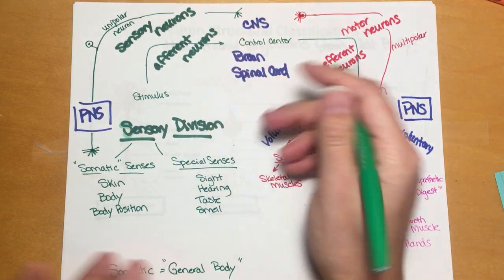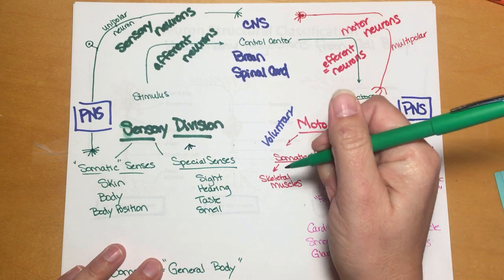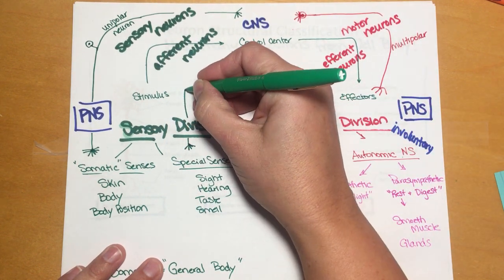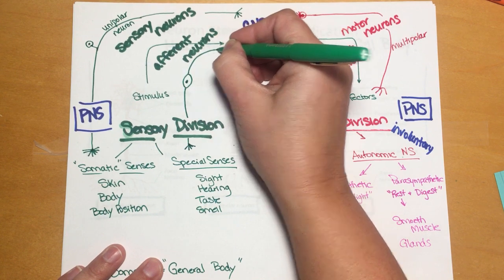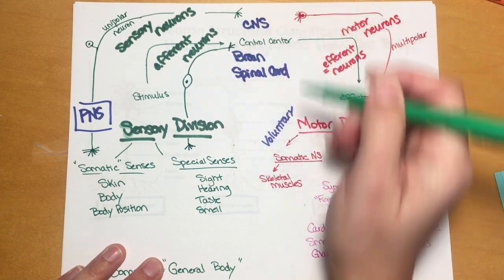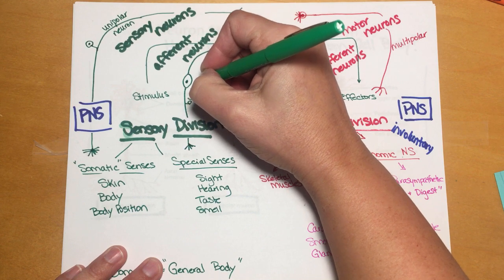The special senses are a little bit more special. They're going to pick up sight or hearing or sense of taste or sense of smell, and it's going to be carried into the CNS in a bipolar neuron. And that information is going to be given to the CNS in that manner. So this is bipolar.